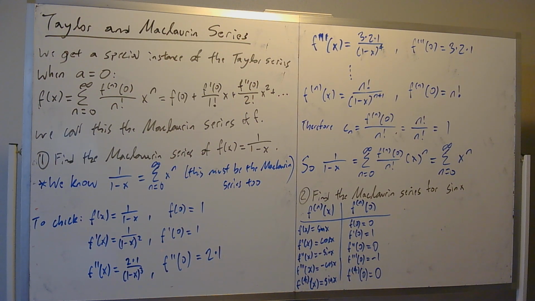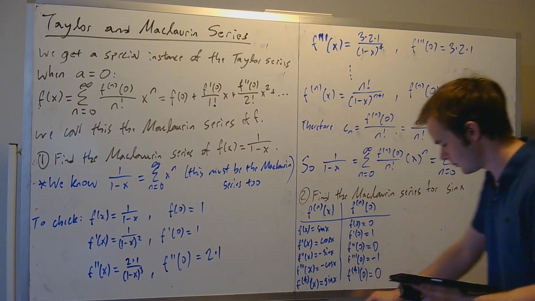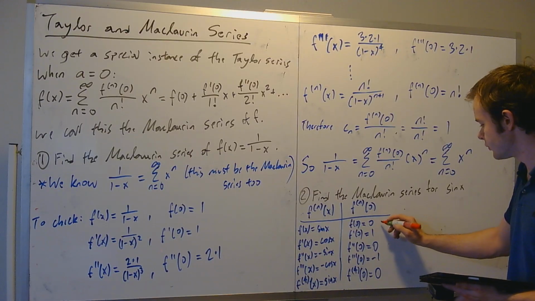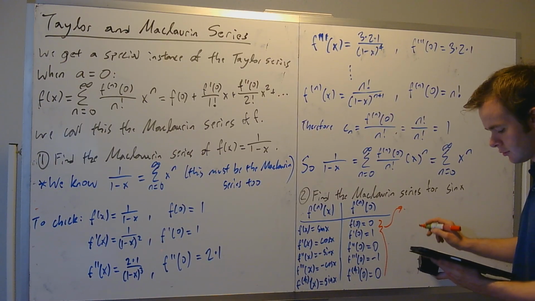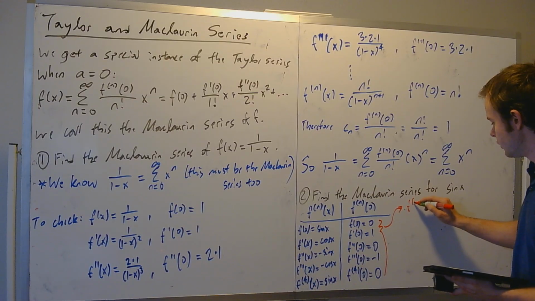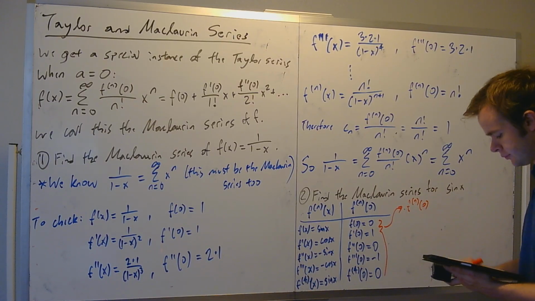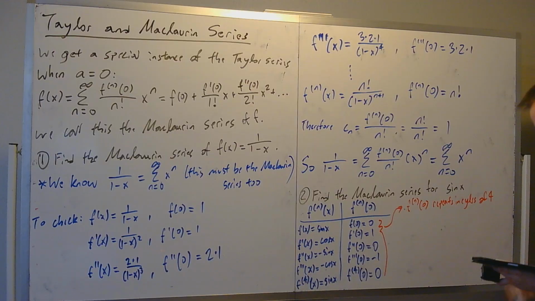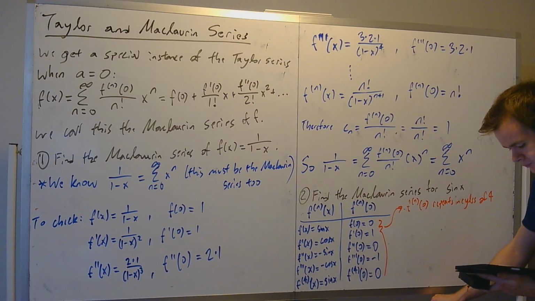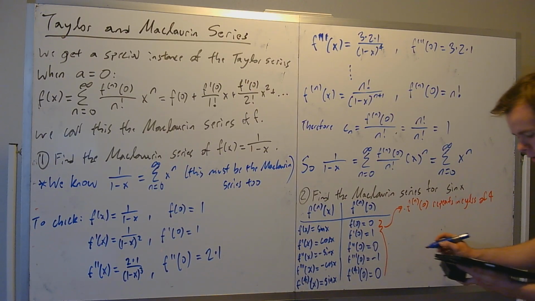So let's go ahead and write down what we have. The nth derivative at 0 repeats in cycles of 4.